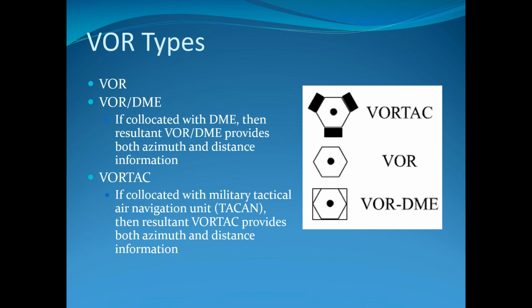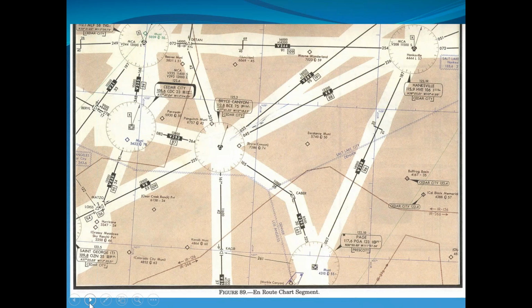The TAC part is just that military also uses it. You don't necessarily need to know that, you just need to know about VORs in general. So that's what it looks like on a map, on the navigational charts. We've obviously looked at them a lot last Saturday as well.